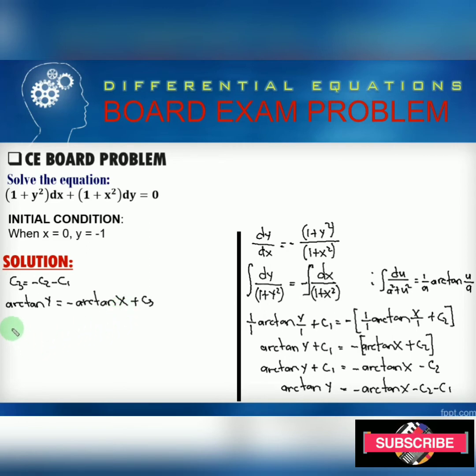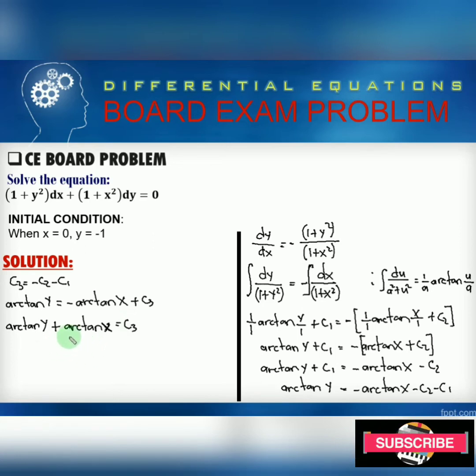Or we have this form here: arctangent of your y, then transposing this one, plus arctangent of your x is just simply equal now to c3.